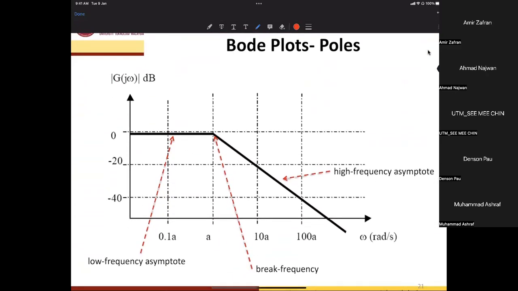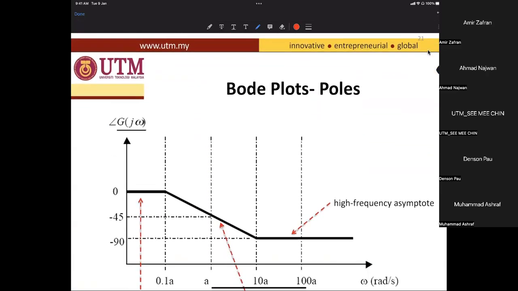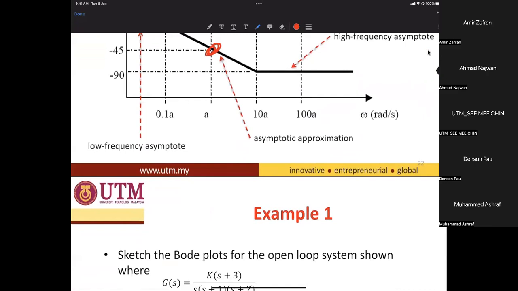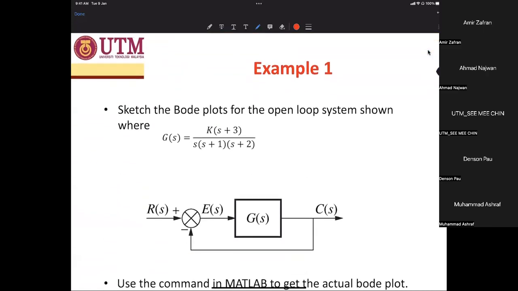So this is for poles at the origin. So a is the corner frequency, and the corner frequency will give you minus 45 degrees in between the high frequency asymptote and low frequency asymptote.